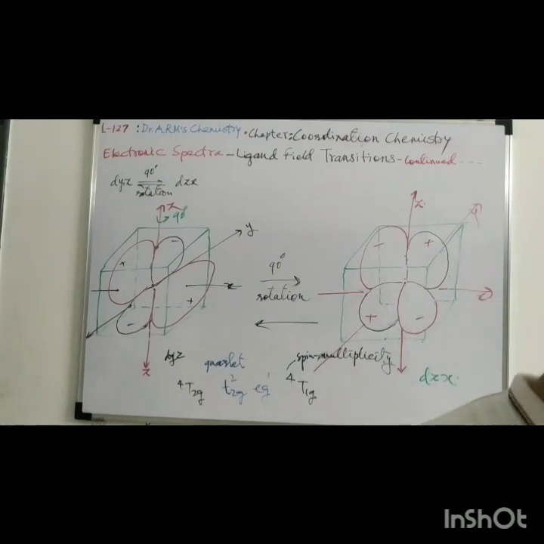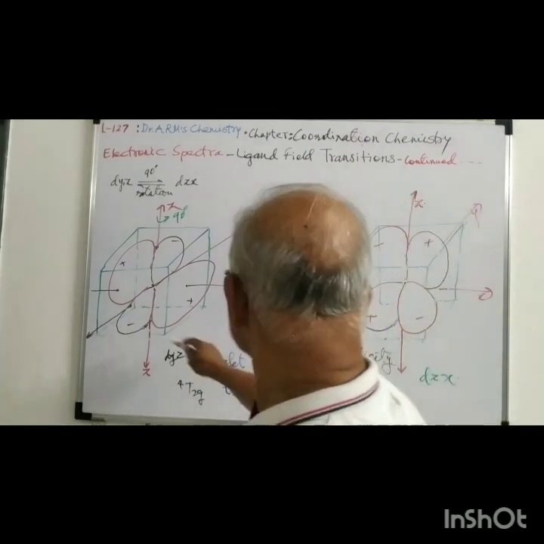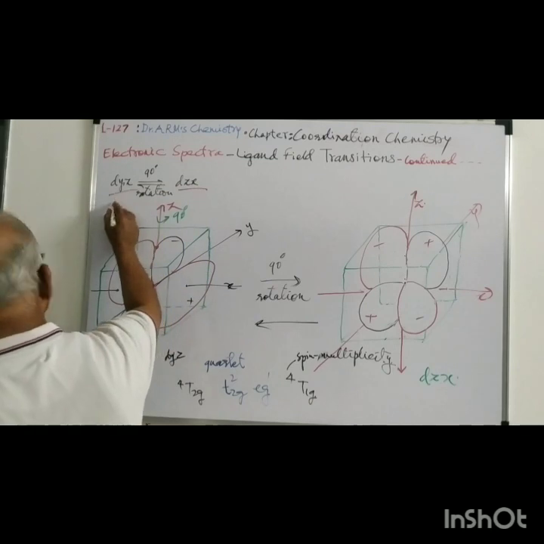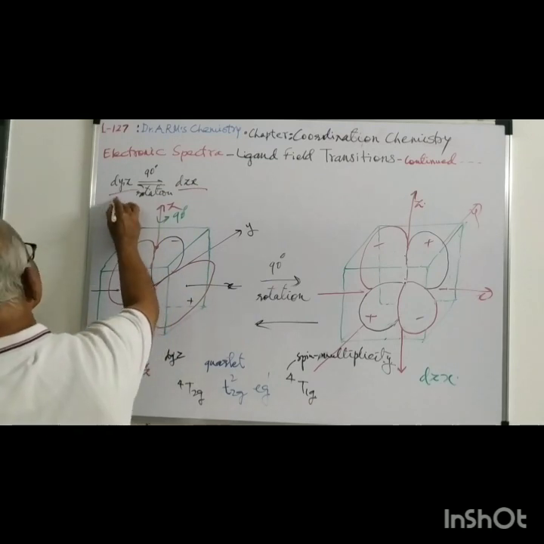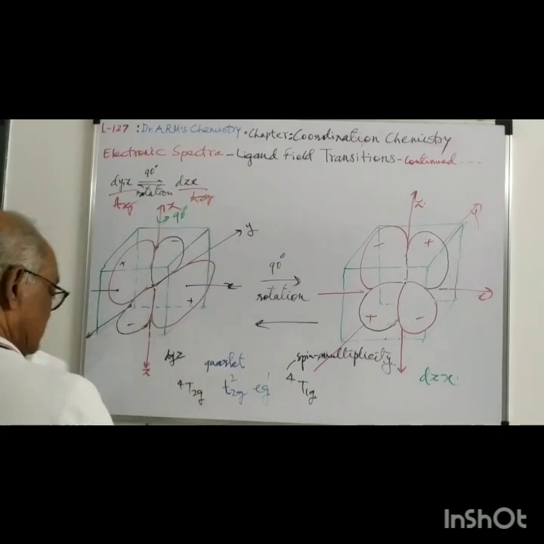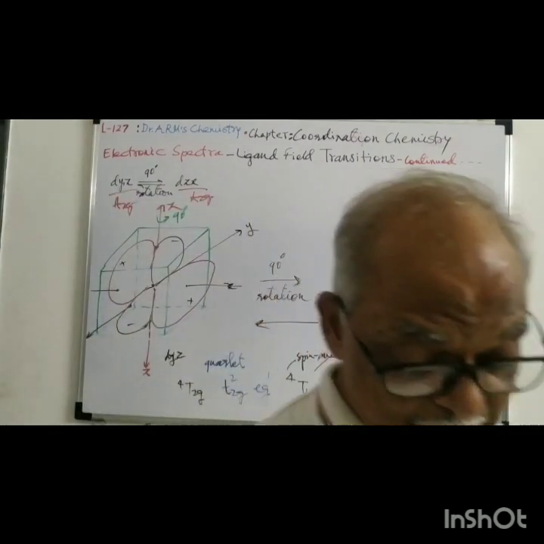Here the term A2g is associated with these characters. So these are associated with A2g, that is, A2g, A2g, meaning having the same parity.